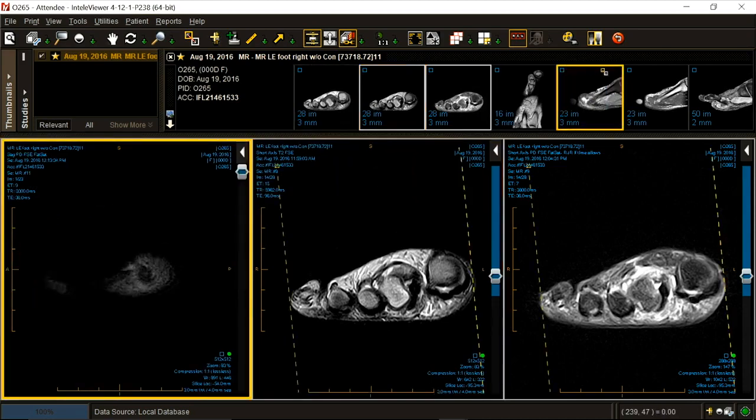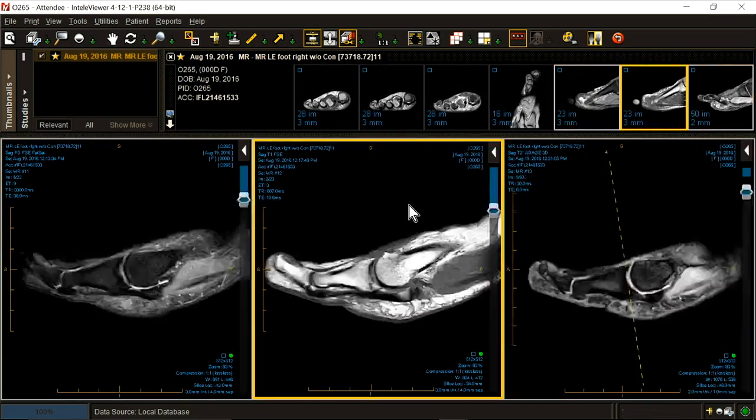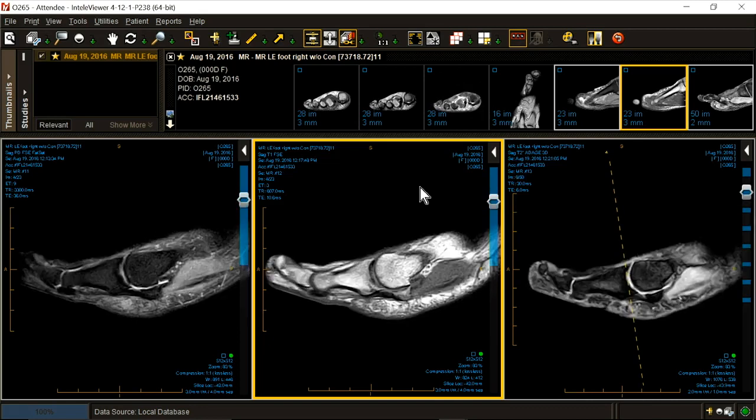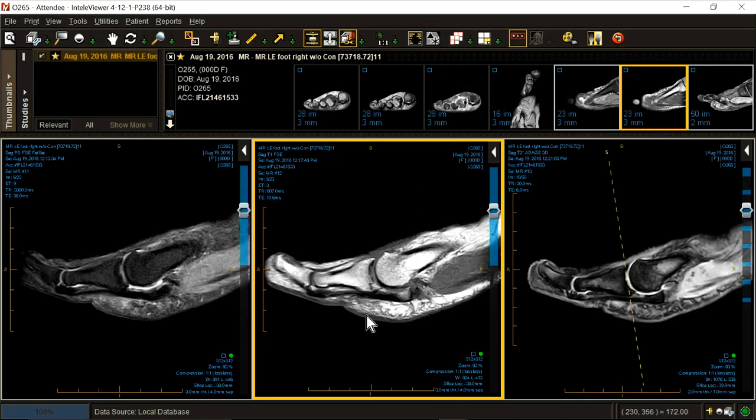Let's be consistent and start out with a sagittal projection. It's the T1 weighted image in the middle, PD spur on the left, gradient echo, 2 millimeters on the left. This one is 3D.